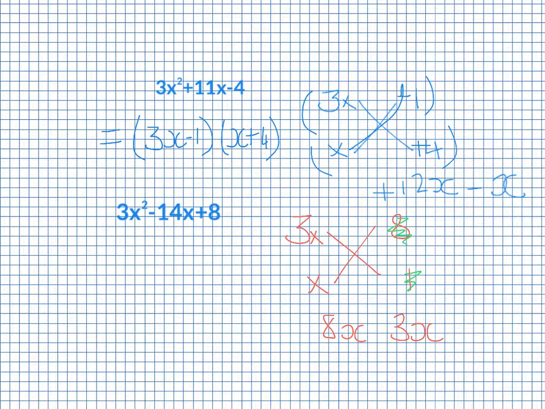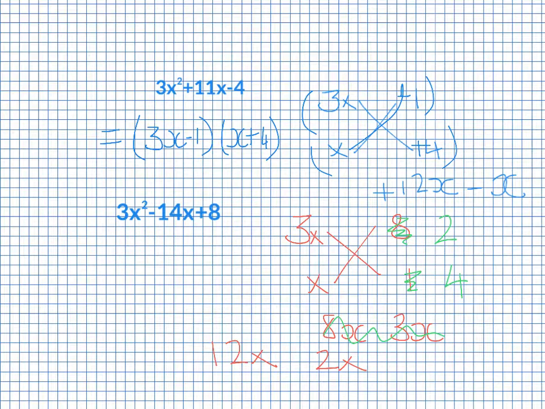So I'm going to try a different set of factors of 8. I'm going to choose 4 and 2. And I'm going to cross again. So I'm going to have 3x times 4 and 2 times x, which is going to give me 12x and 2x.